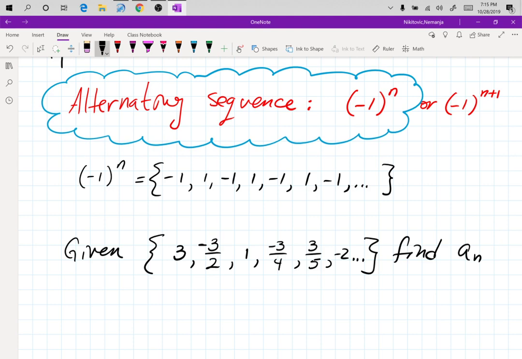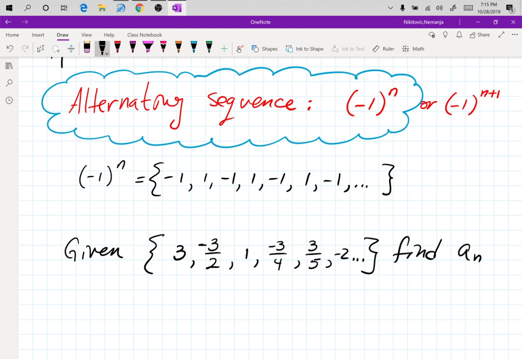It's either negative 1 to the n or negative 1 to the n plus 1, depending on where you start counting. It's not just that you have to figure out the counting for the actual fractions, but you also have to figure out the counting to start with a positive or negative. Because if I'm starting my counting at 0, then that's going to be a positive 1 to start. So you have to be careful with these things.